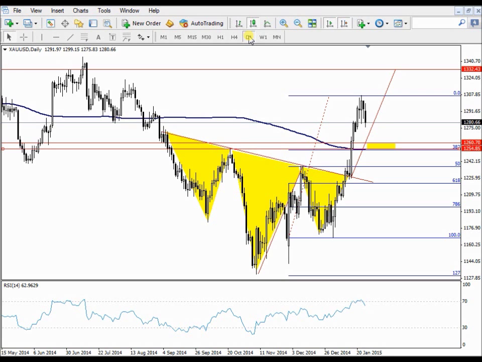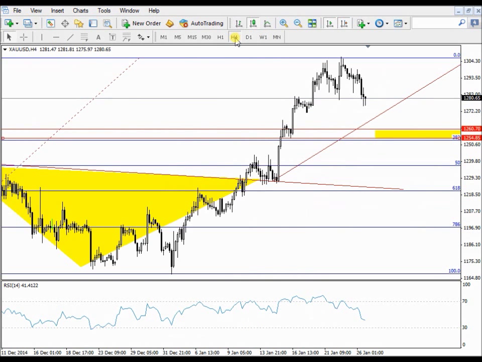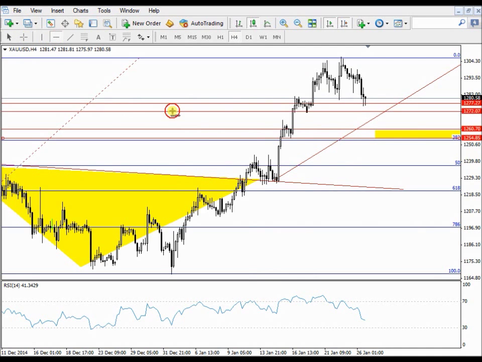Is that the demand level at 1275? Yes, it is, Ian. That is a demand level. This is a demand level as well. The reason I don't trade this demand level, or I don't like it, you can see this market.